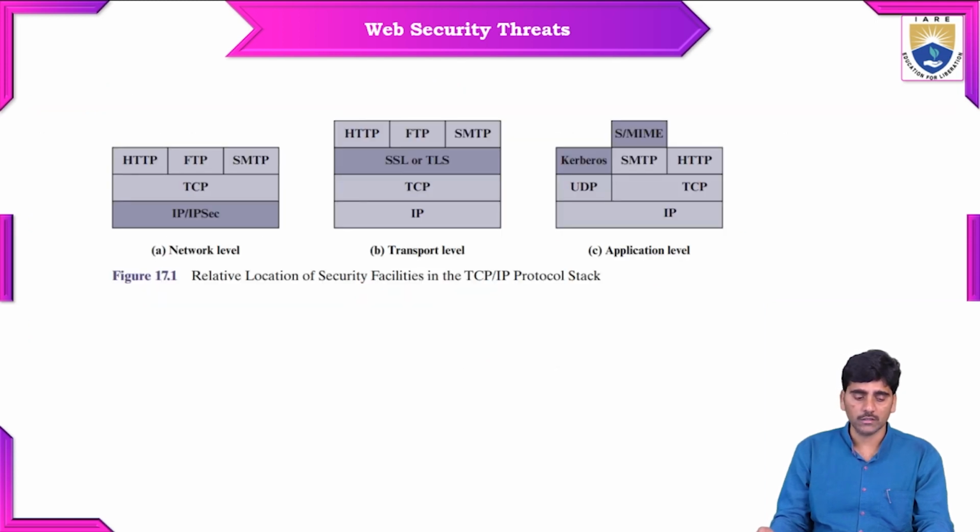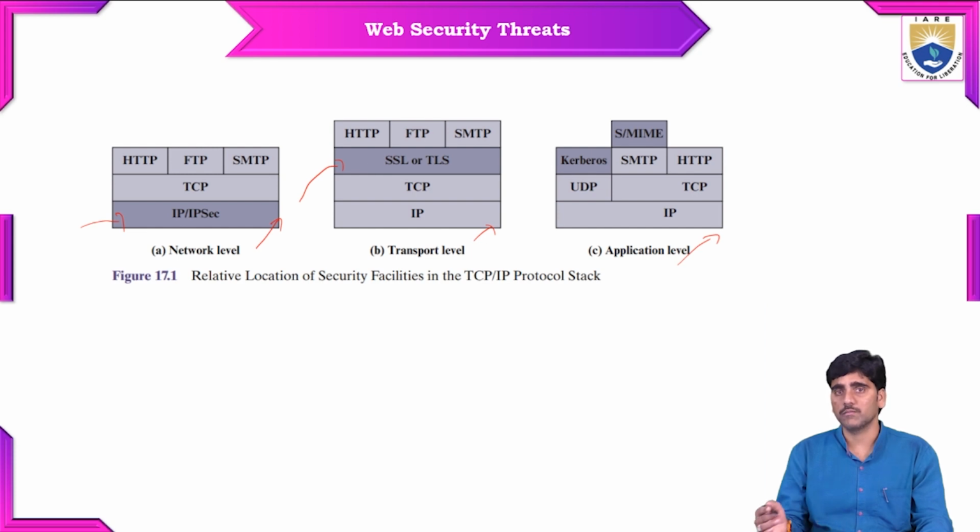Here we can see the network level service, the transport level service, and the application level service. The first one is IP security, which is below TCP. The second provides security as a service above TCP, which is TLS or Secure Socket Layer.